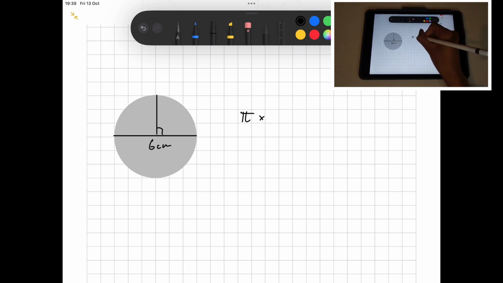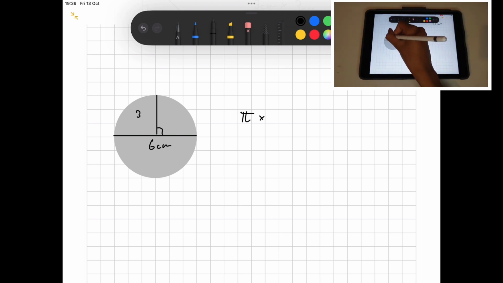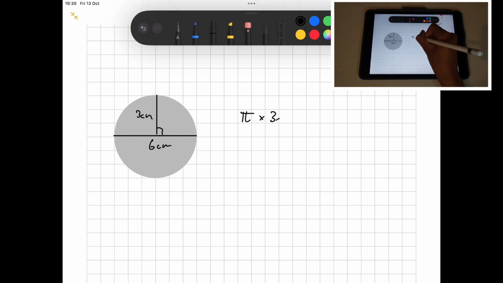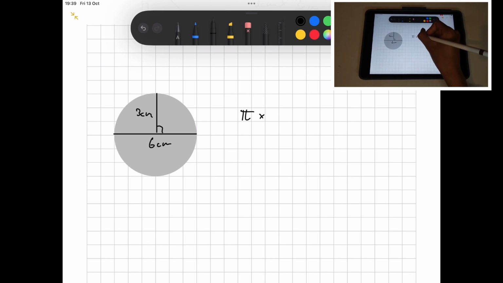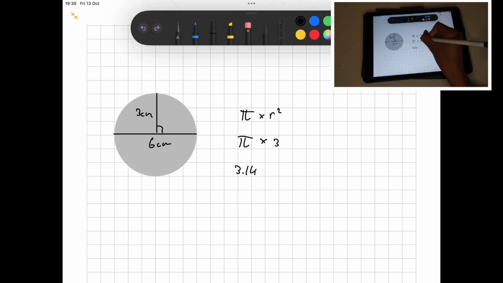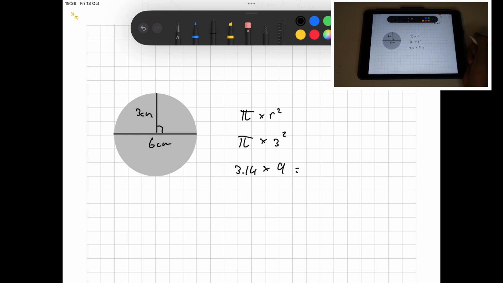And you want to multiply that by the radius, which in this scenario is 3 centimeters, and you want to have that squared. Actually, no, my bad. I should write this as an equation. So you want to do pi, which is basically 3.14, multiply that by 3 squared, multiply that by 9.